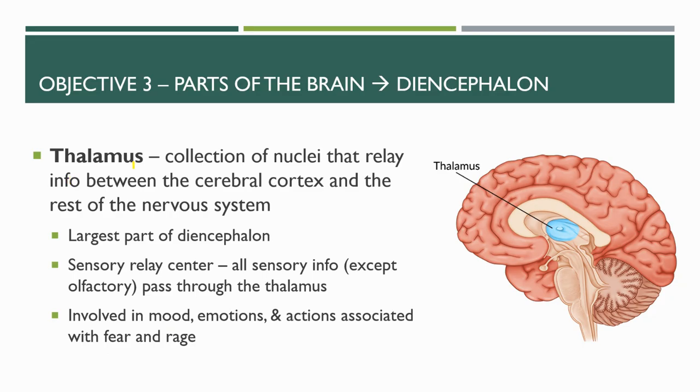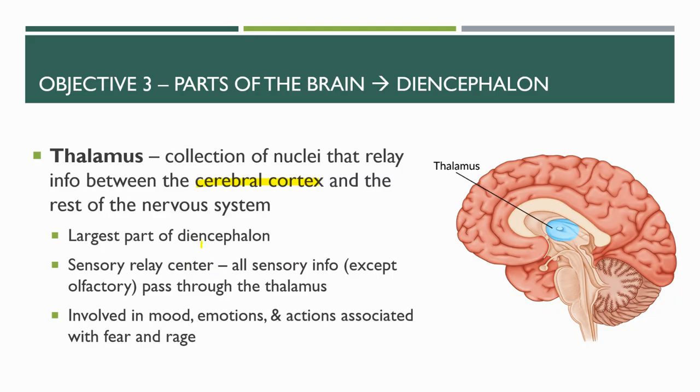So we have the thalamus, which is actually a collection of nuclei. Remember that nuclei are just a collection of cell bodies in the central nervous system. And it's going to be between the cerebral cortex, which was the outer portion of the cerebrum, and the rest of the nervous system. So it's kind of a relay station.